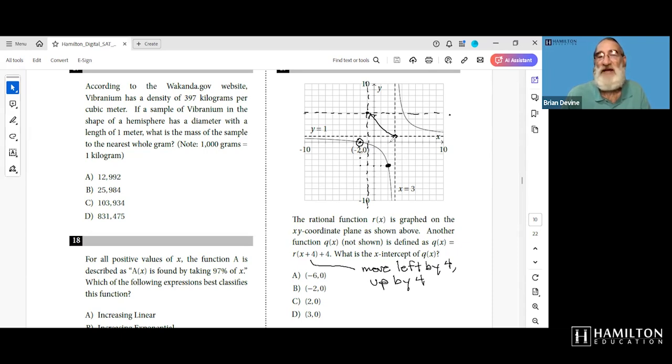And note that it's going to make the same transformation that the intersection of those two asymptotes did. It's actually going to go right over there. And so my new x-intercept will be at the same place that the old one was.